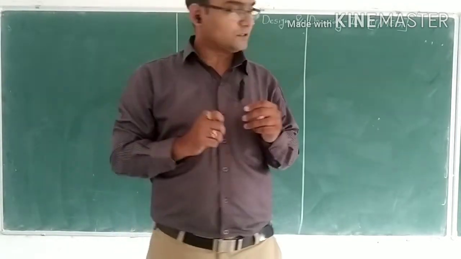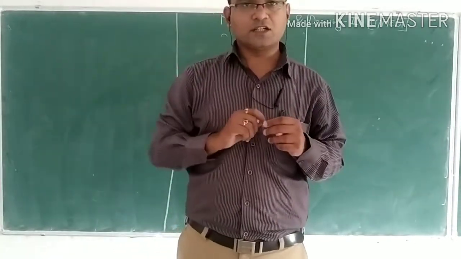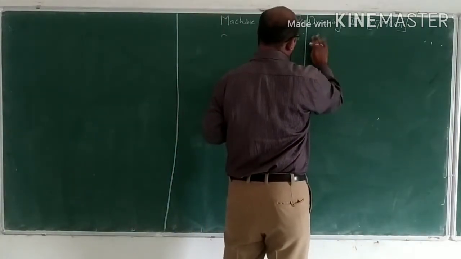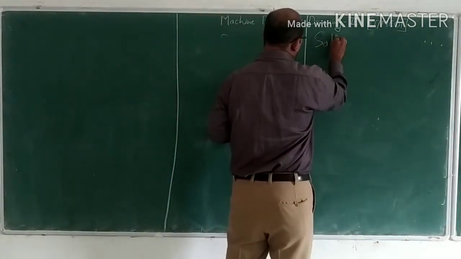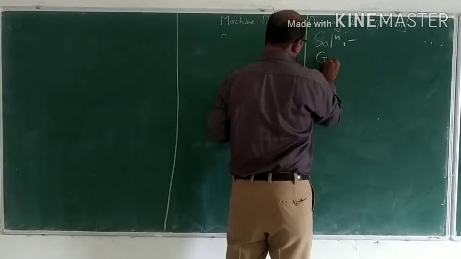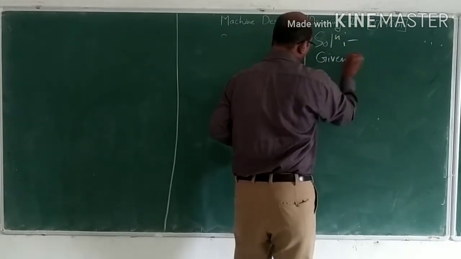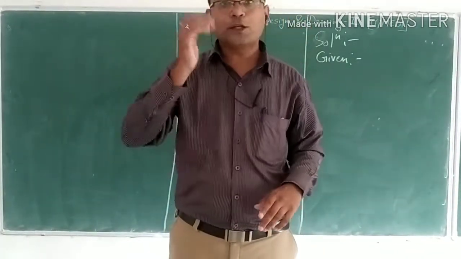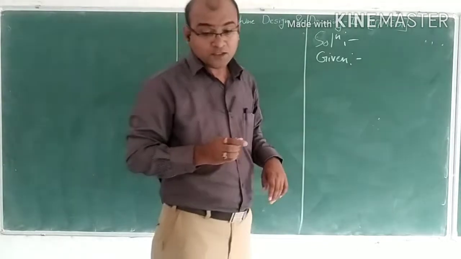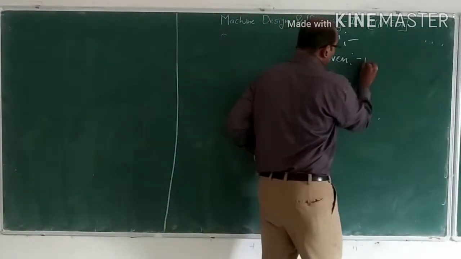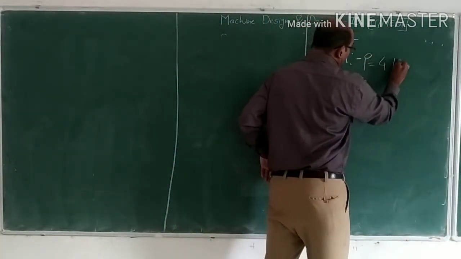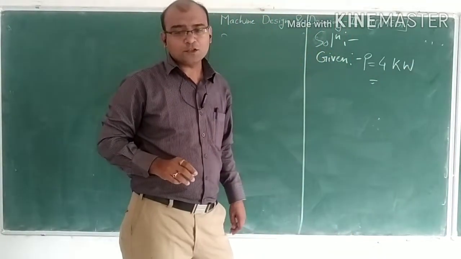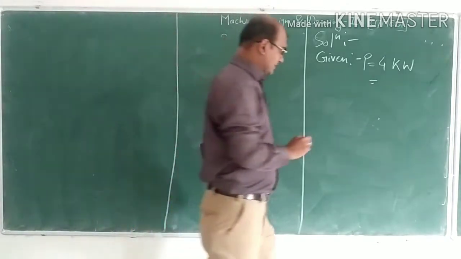I think first we write down the given conditions. As per the problem, first given is 4 kilowatt, it means power P equal to 4 kilowatt, which is 4000 watt.